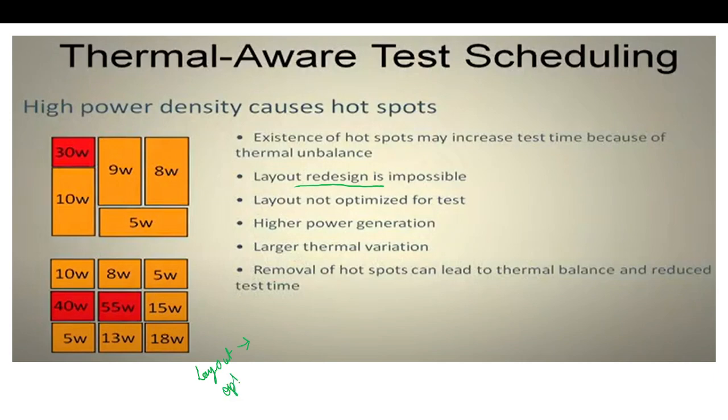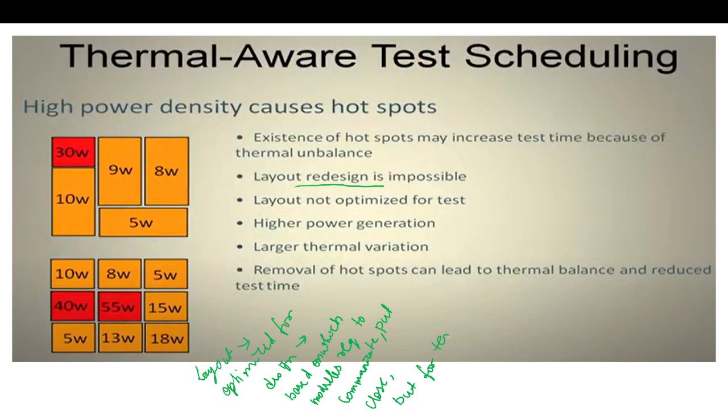Optimized for the design means that modules which require communicating are put close, but for testing they may be consuming more power.